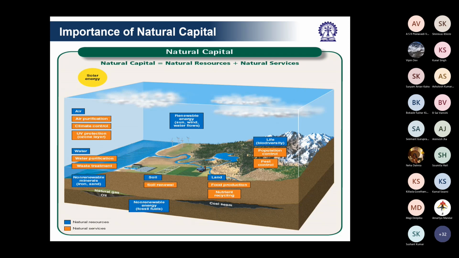So if the stock of natural resources is at risk, then our organizations are at risk. And ultimately, the planet and our human well-being are also at risk. So, poorly managed natural capital becomes not only an ecological liability, but also a social and economic liability too.